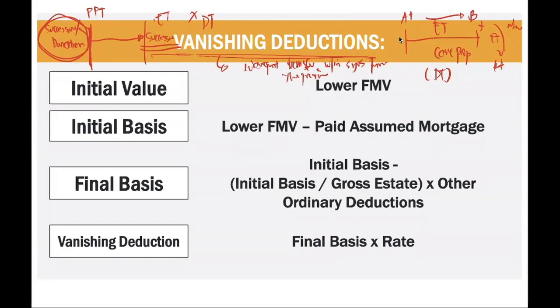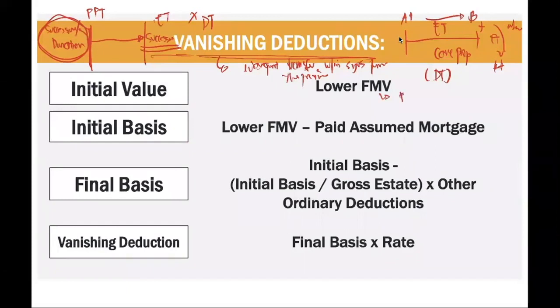So how do we compute for your vanishing deduction? First, we determine the initial value. What is that initial value? Lower of FMV. What FMV again? FMV at the date of transfer. So we have your previous transfer and the subsequent transfer.